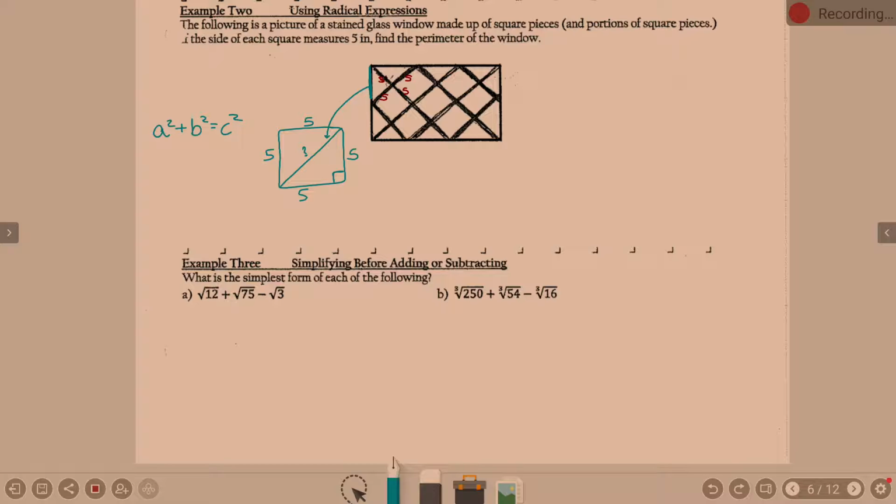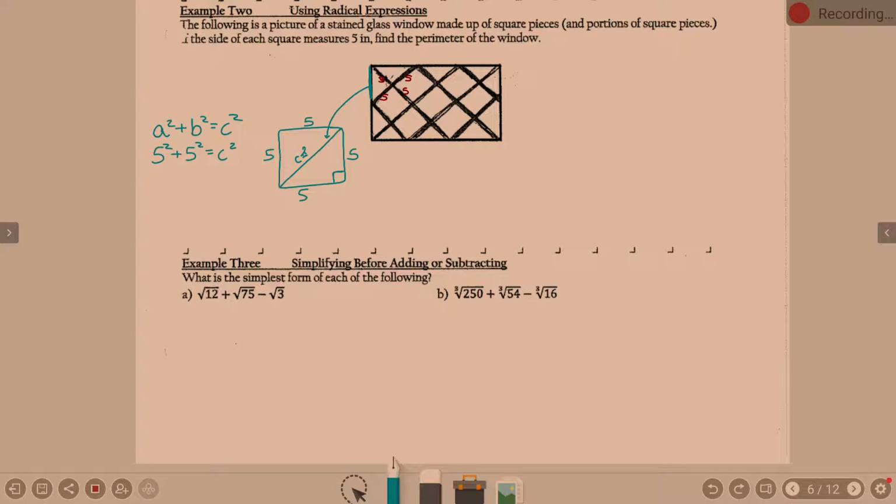They also meet at the right angle. What's C? The hypotenuse. So C in this case is my question mark. It's the one that goes across the middle. So we're going to say 5 squared plus 5 squared equals c squared.